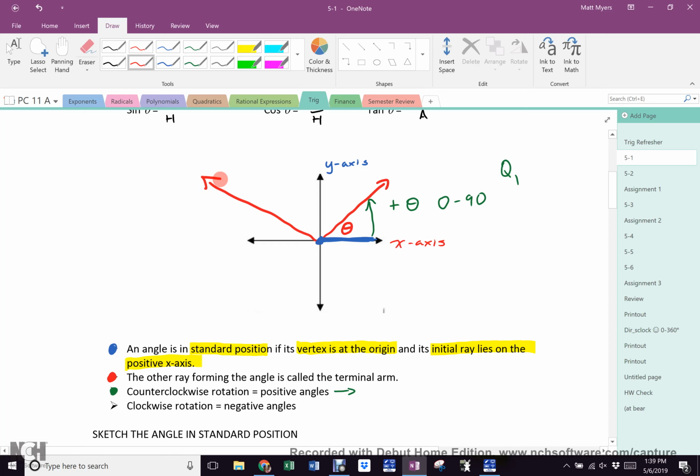What about quadrant 2? I start here, and I go all the way around to here. In quadrant 2, what must they be? 90 to 180. In quadrant 3, what must they be?